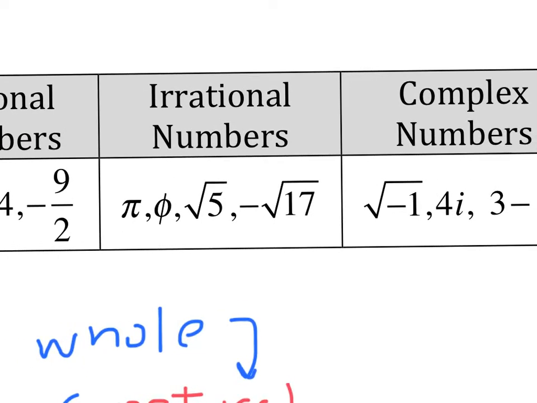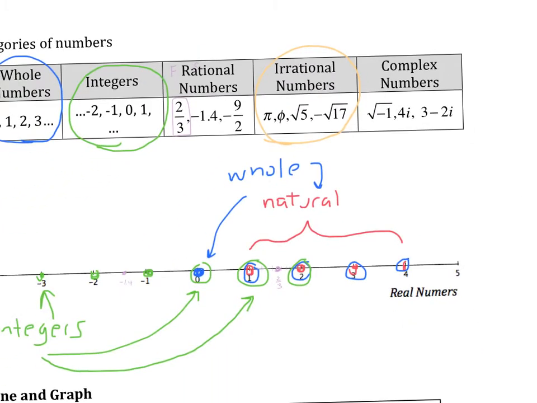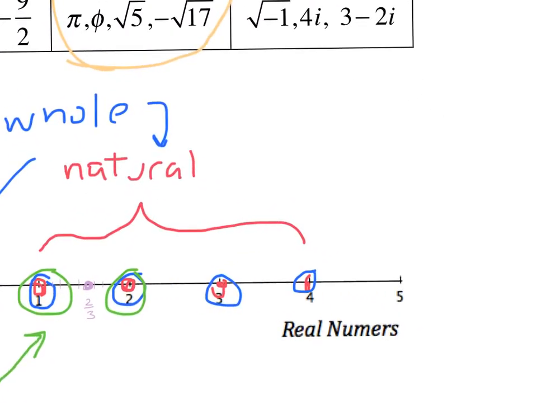Now, sometimes we can't write numbers as fractions. So we have a whole other category, and these are called irrational numbers. Numbers like pi, 3.141592654, phi, 1.618, radical 5, the opposite of radical 17. So I'll just throw a few of these on.